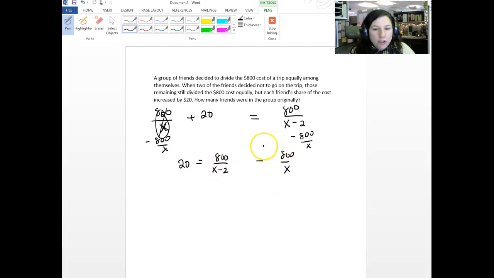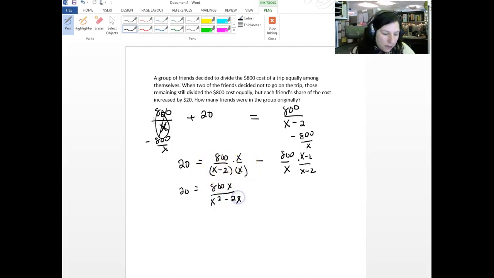Now I have the subtraction of two fractions. They need a common denominator, so this denominator needs to have an X introduced, and this one needs an X minus 2. Okay, so now I have X times 800. And then here, this is all of this times that. So X times X is X squared, and X times a negative 2 is a negative 2X.